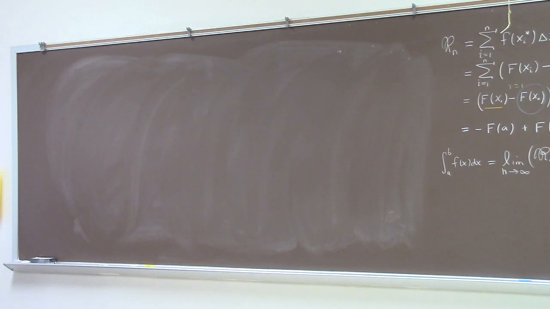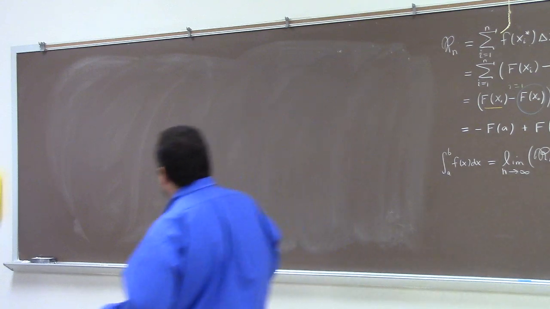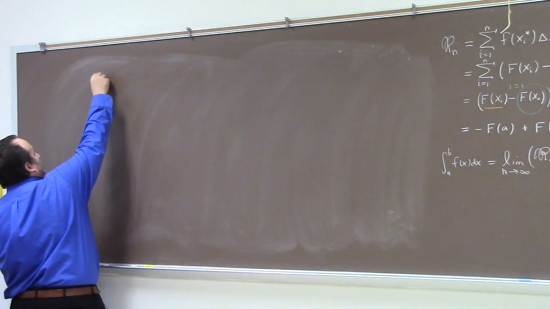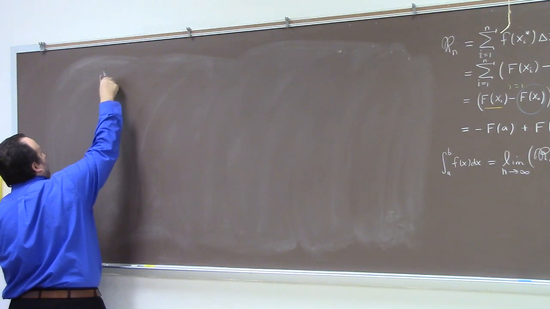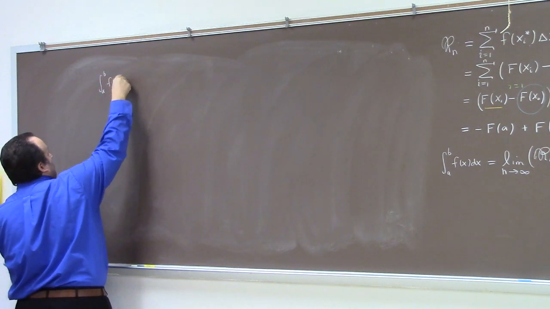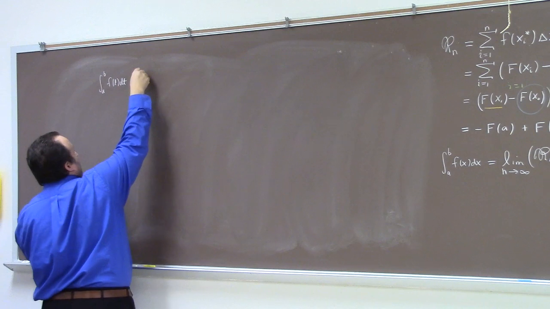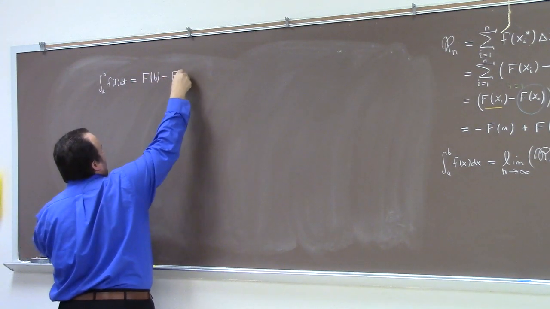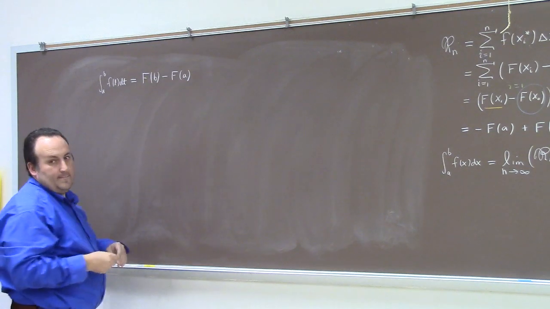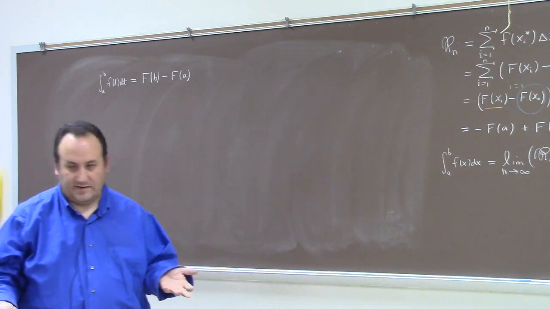So here it is. We know that the integral from a to b of f of t dt is big F of b minus big F of a, right? This is what I just proved, right?